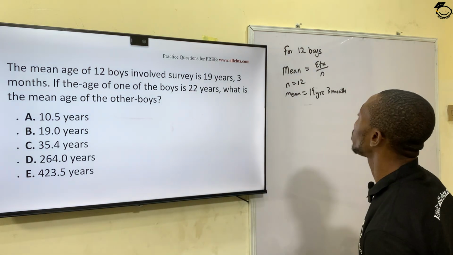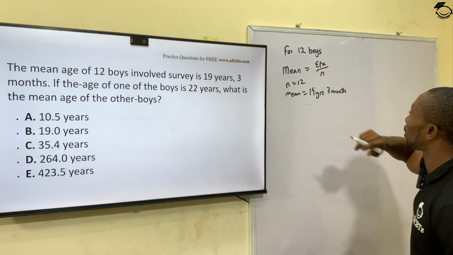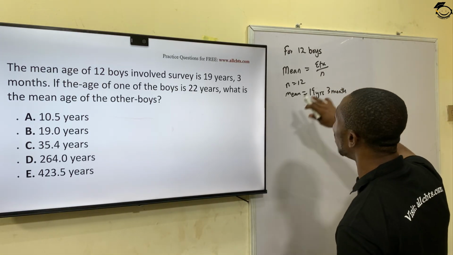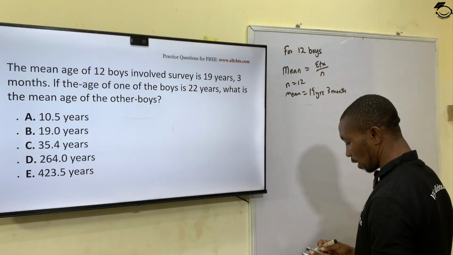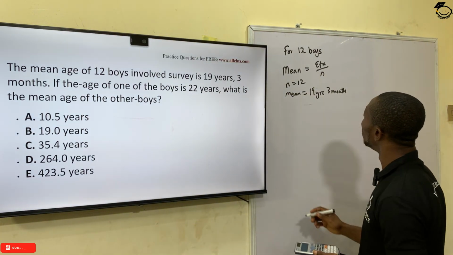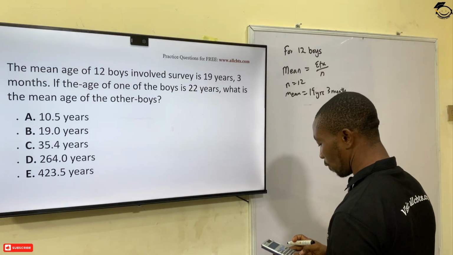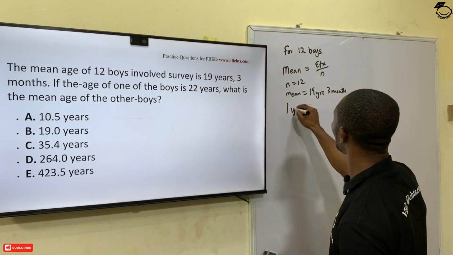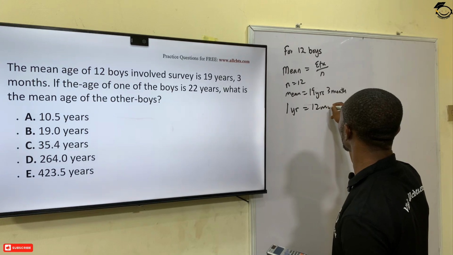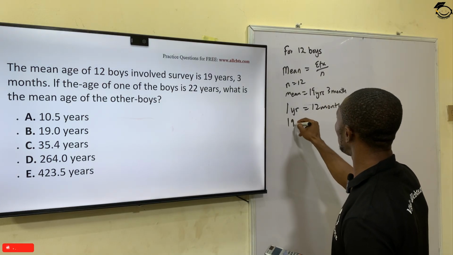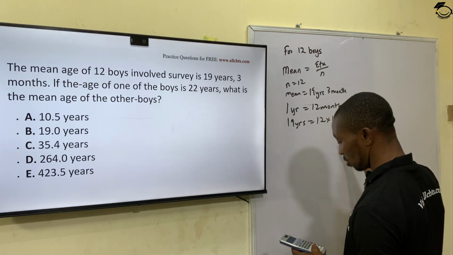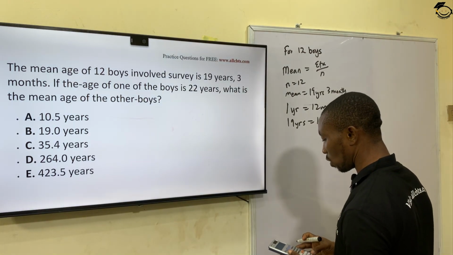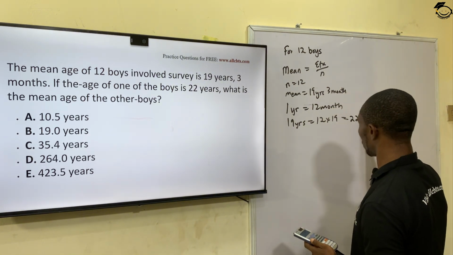Now, for us to find the total number of months, we are converting 19 years, 3 months to months. We know that 1 year equals 12 months. So for 19 years, we have 12 times 19, which gives us 228.